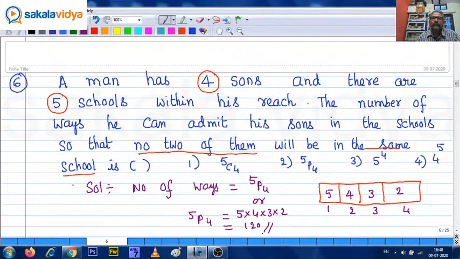Understood now? So that means 4 schools, 5 schools we have 4 sons. The first son has a chance of joining actually 5 schools, but no 2 of them will be in the same school. That means for second school chance for 4, for third school 3, next fourth school 2 chances.